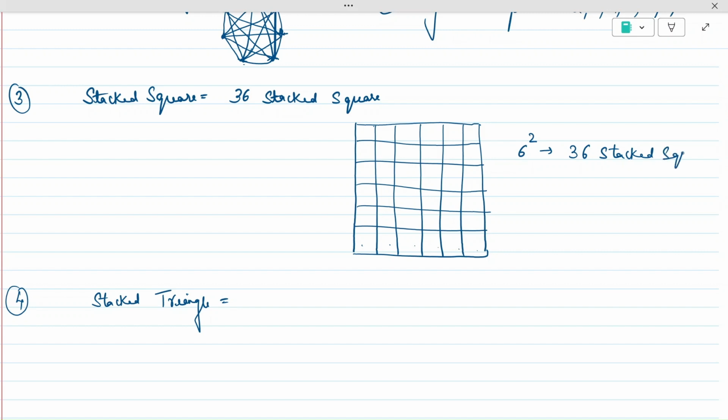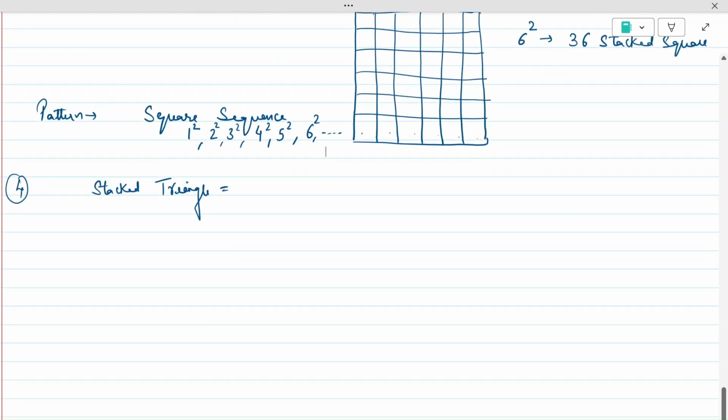Okay. And the pattern it follows, we have already seen, it will follow a square sequence, which is 1 square, 2 square, 3 square, 4 square, 5 square. Here we have drawn 6 square, and so on. Okay.